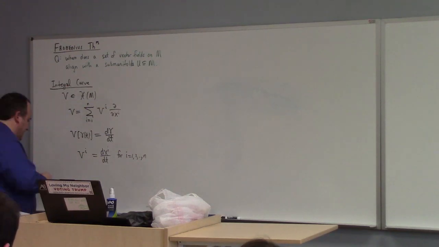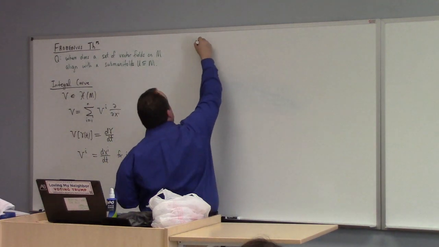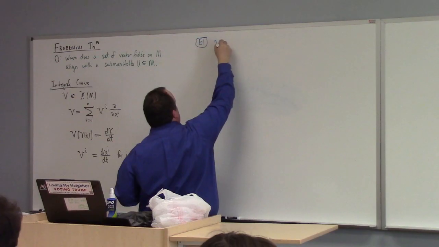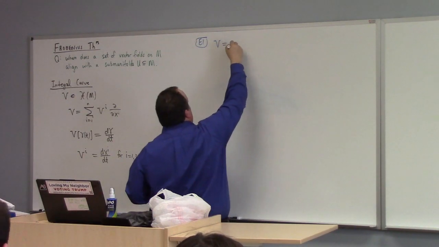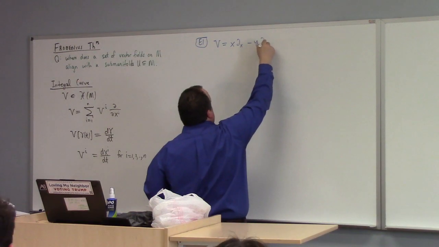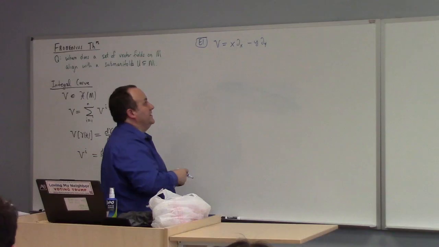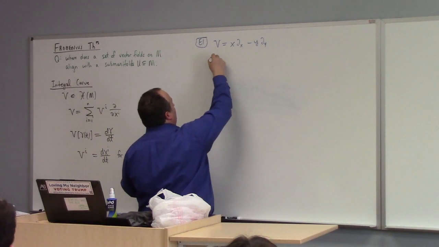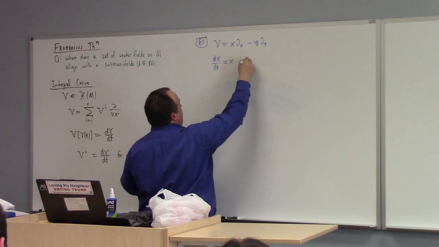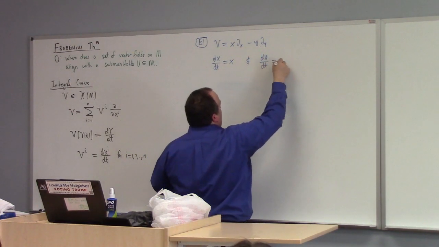Let me be more specific. Example 1: we might have the vector field V equals x partial x minus y partial y. If we want to find integral curves, we're up against the following differential equations: dx dt equals x, and dy dt equals minus y.